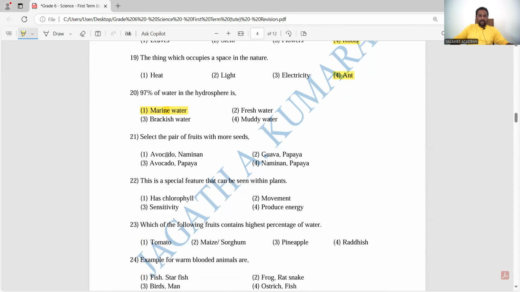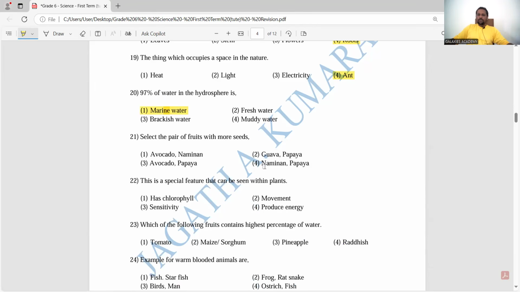Question number 21. Select a pair of fruits with more seeds. What are the fruits containing more seeds? You know, some fruits contain only one seed, but some fruits contain more seeds.